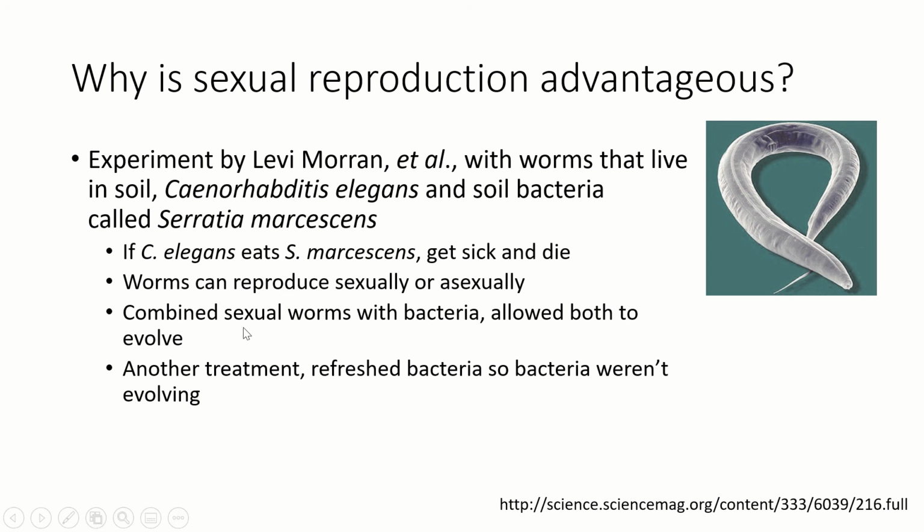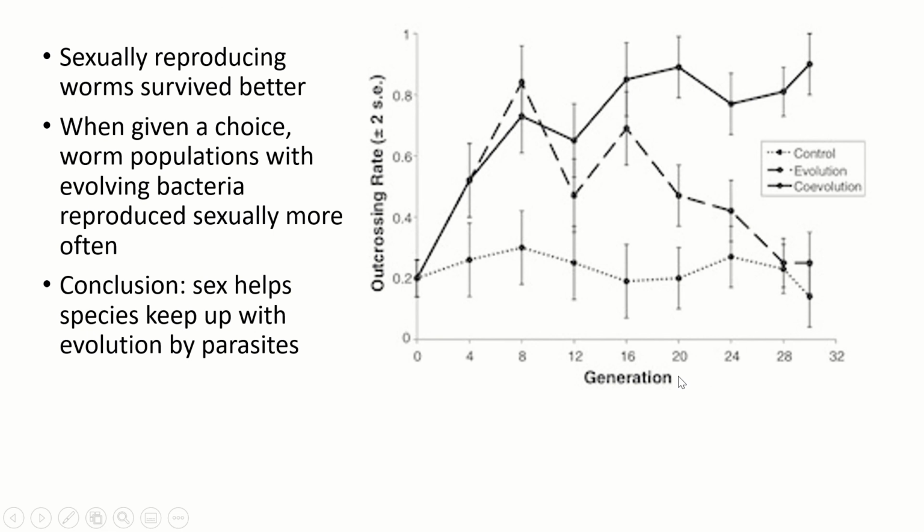And what happened was that the sexually reproducing worms were able to evolve an immunity to the bacteria. So this is the control where the bacteria and the worms were replenished so that essentially evolution didn't happen. In this one, the worms were able to evolve, but the bacteria weren't.